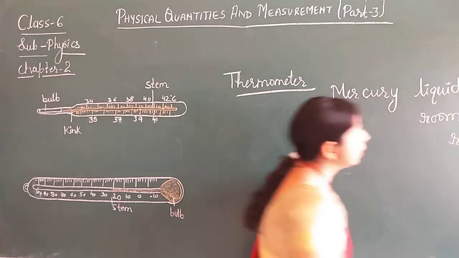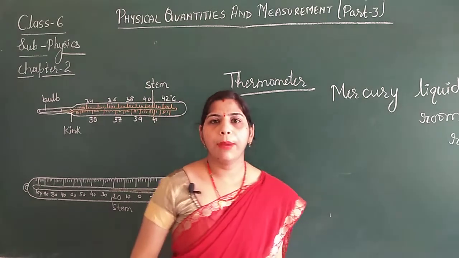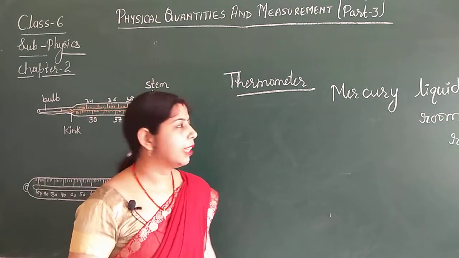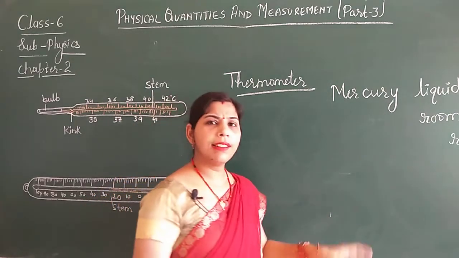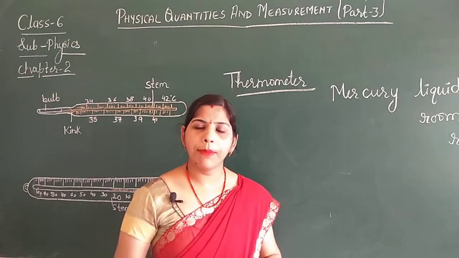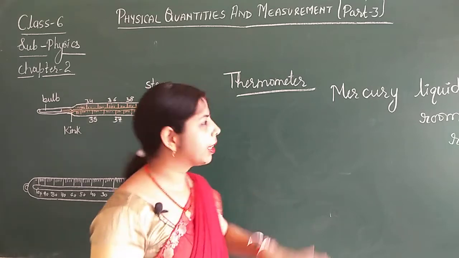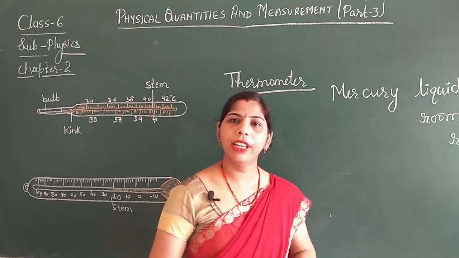So mercury is a liquid at room temperature, approximately 25 degrees centigrade. That's why mercury is utilized in the thermometer. In some thermometers, some types of alcohols are also utilized, but mercury gives the accurate reading.